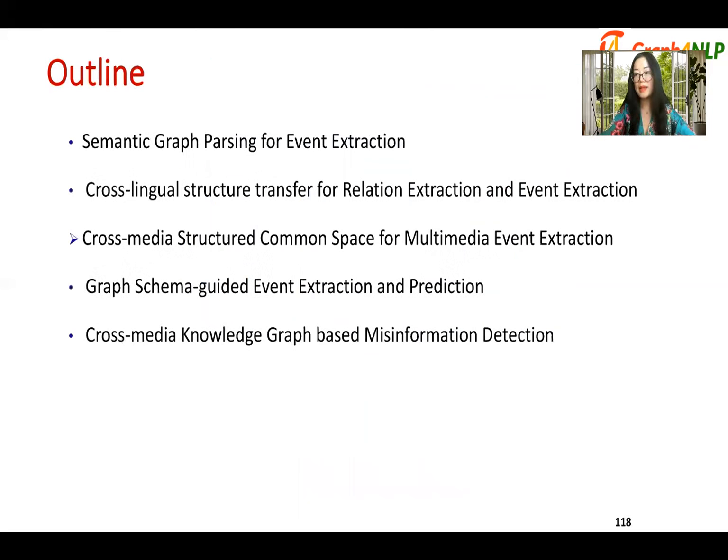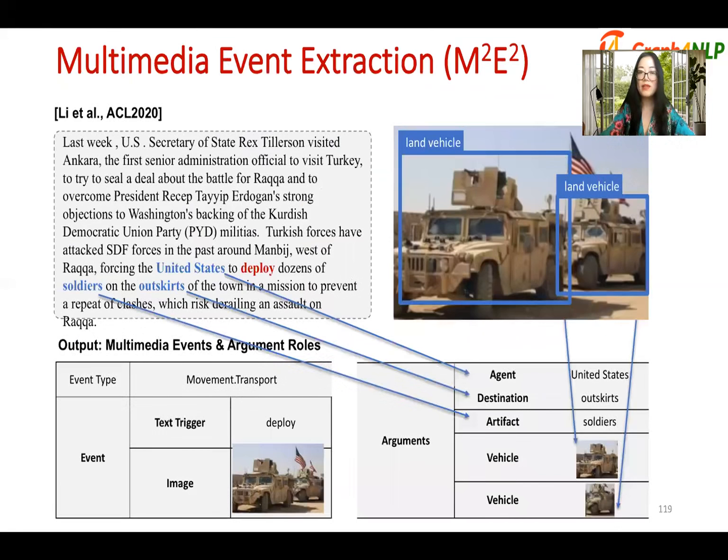So inspired by this success, we further want to do cross-media transfer, because if we consider images and videos as another foreign language, maybe the same idea should work. So the goal is to populate a multimedia event knowledge base using multimedia data, because a lot of information in news is encoded in images, not in the text side.